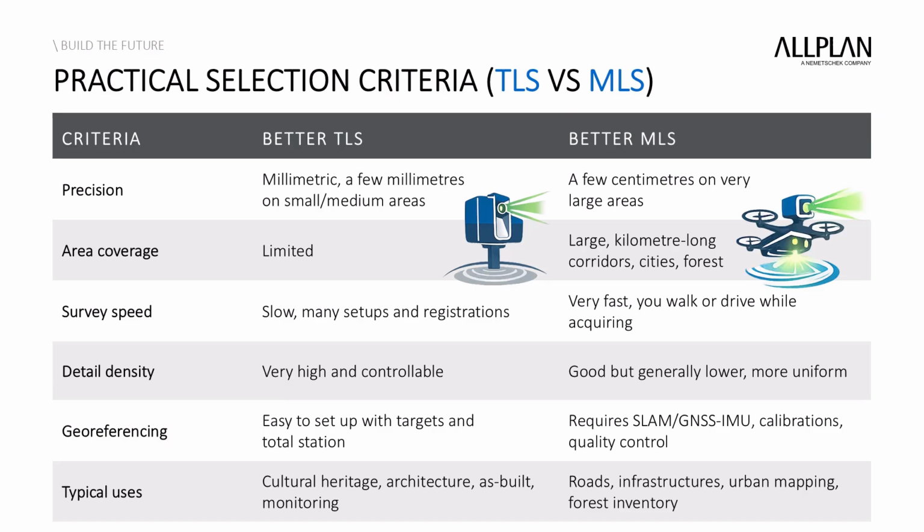For example, if I find that I need extremely high millimeter level precision for a project, I definitely get much better results by using a TLS. An MLS also gives me good results. But in this case, we're talking about centimeter level accuracy over very large areas, not just a few millimeters.